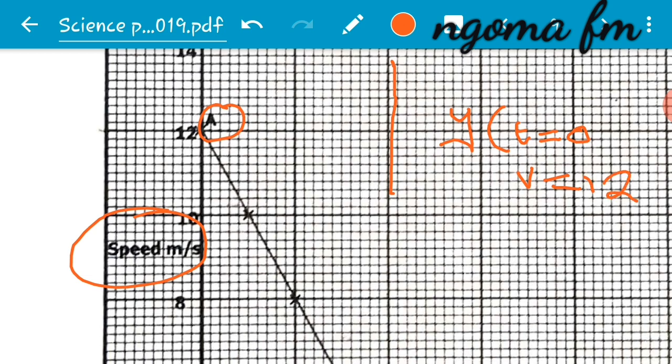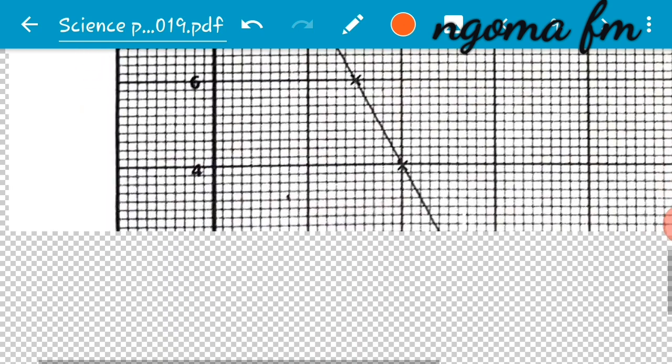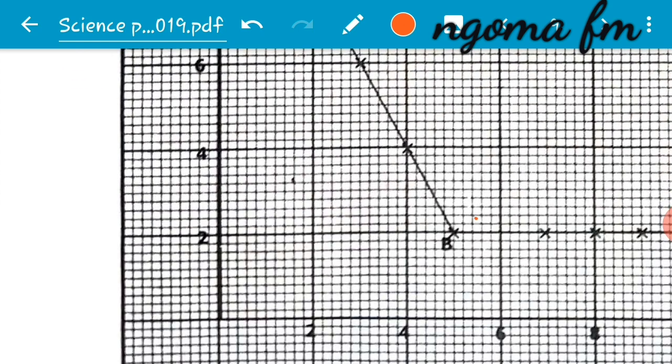This is the first coordinate we have gotten. So at point A, t is equal to 0, v is equal to 12, and we now look at point B.